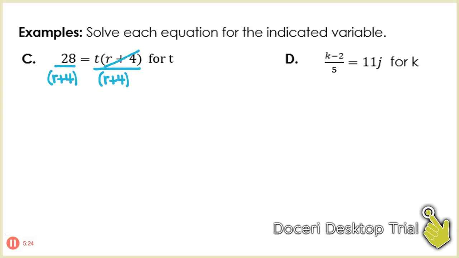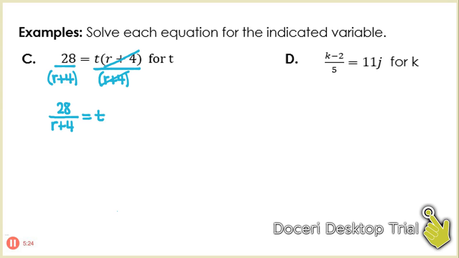So our r plus 4s are going to cancel, and we end up with 28 over r plus 4 equals t. Now, we do have another way to write that.